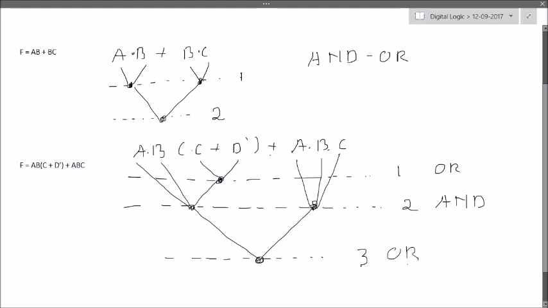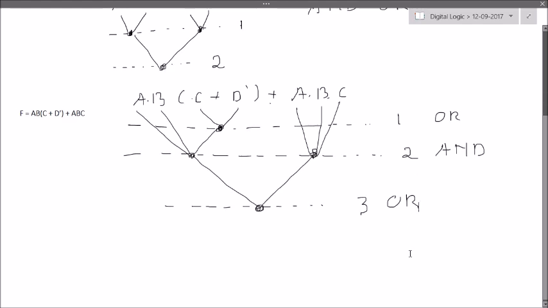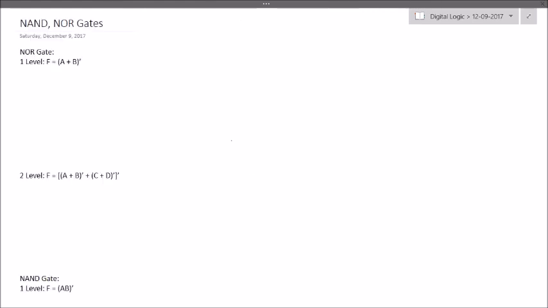So this circuit is called an OR AND OR circuit. So a NOR gate is basically just a normal OR gate followed by an inverter.